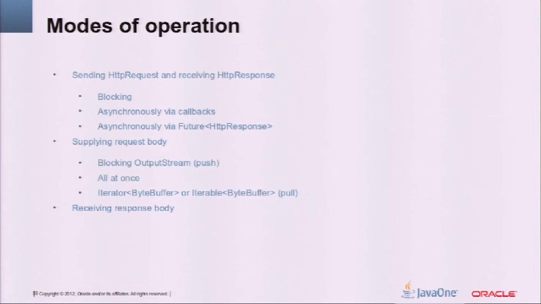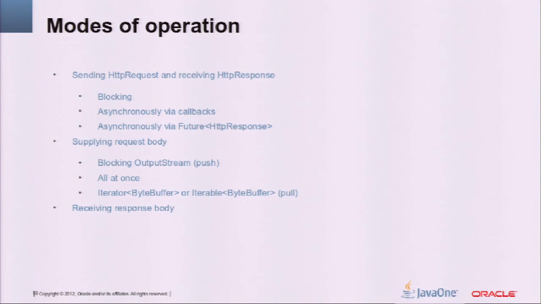And then the different ways that you can supply a request body. You can do it the traditional blocking output stream mechanism, and we refer to that as a kind of push mechanism. What we mean is that the application is driving the data, pushing it down the stack and out onto the network.